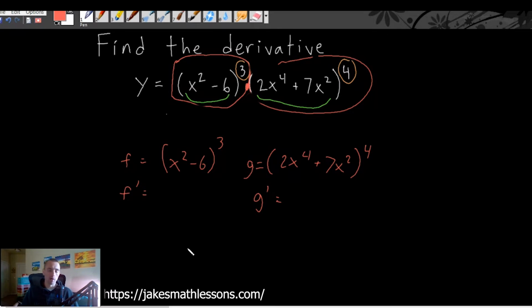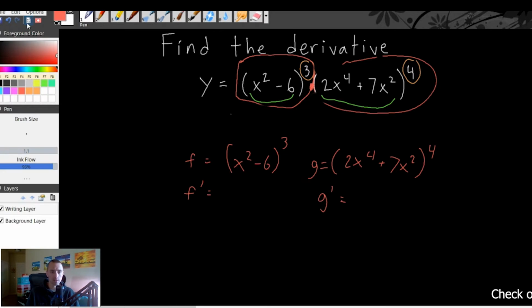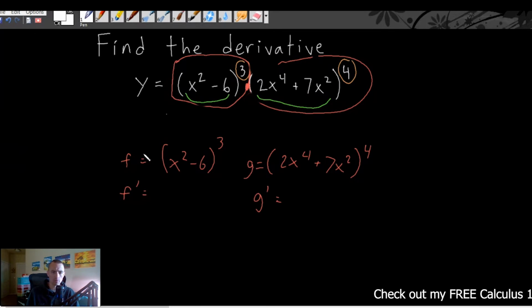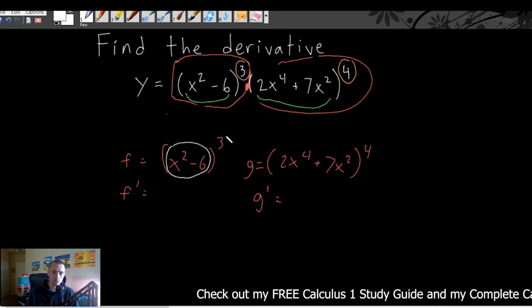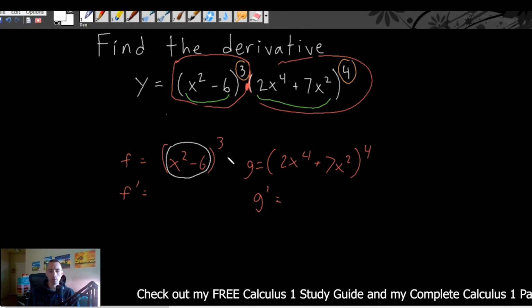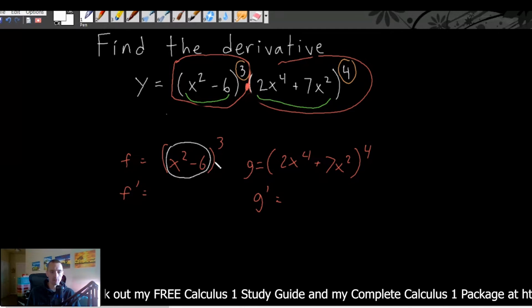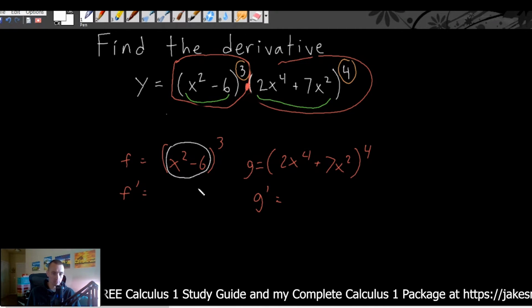Now this is where the chain rule is going to come into play, because let's think about how would you find the derivative of this thing here, x squared minus 6 all cubed. You would have to apply the chain rule, because chain rule is going to be applied wherever you have basically an inner function and an outer function. So for example, if we look at what's inside the parentheses here and think of that as our inner function and then this cubed piece as our outer function, we can apply the chain rule to find the derivative of just this f function here.